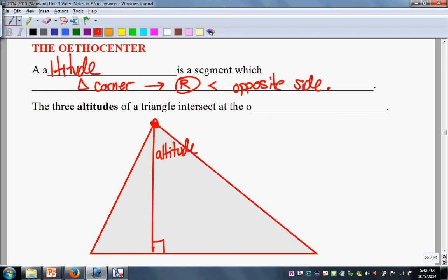I'm going to switch colors so it's easier for you to see them. And remember, you're not aiming for the midpoint right now. This is not a median. Use your straight edge. Your goal is to get right angles with the opposite side. And try to draw this to scale. That's one right there. That's another altitude.